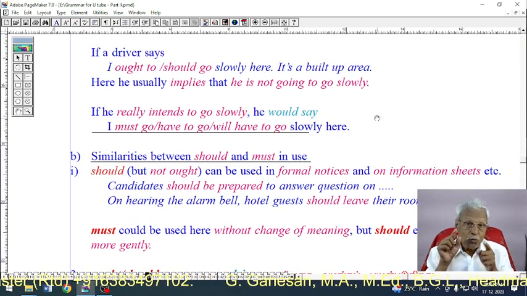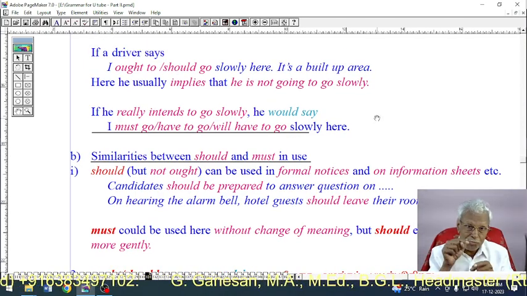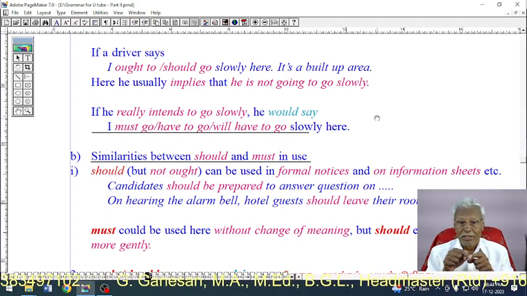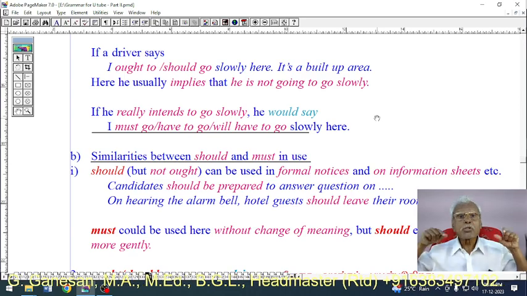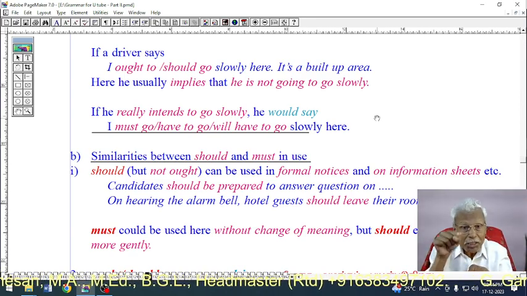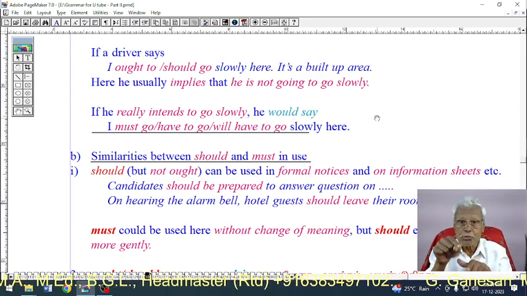So, when the subject intends to express his intention, he should use must.